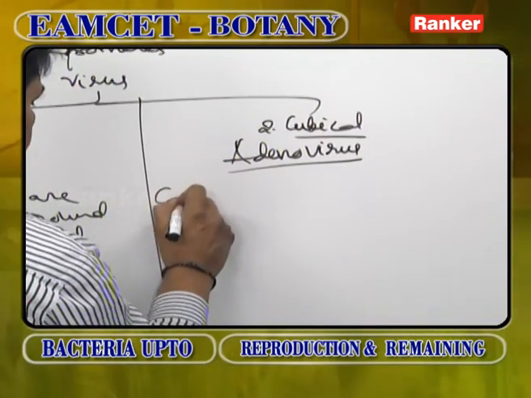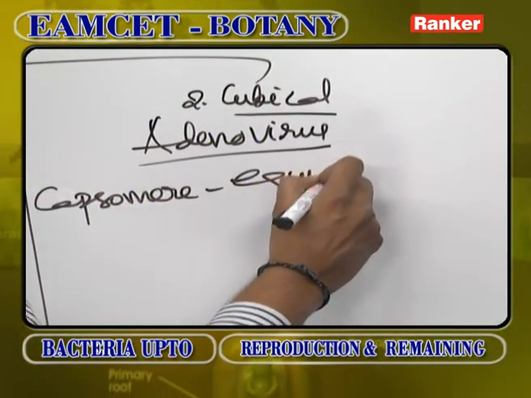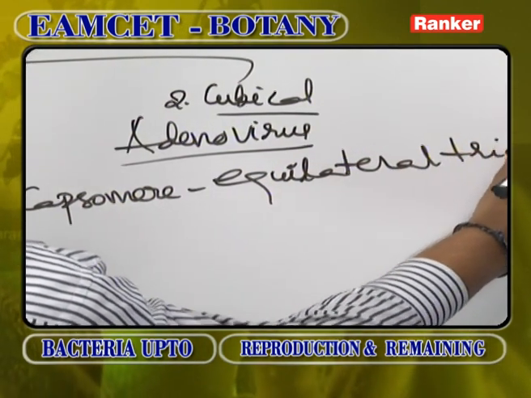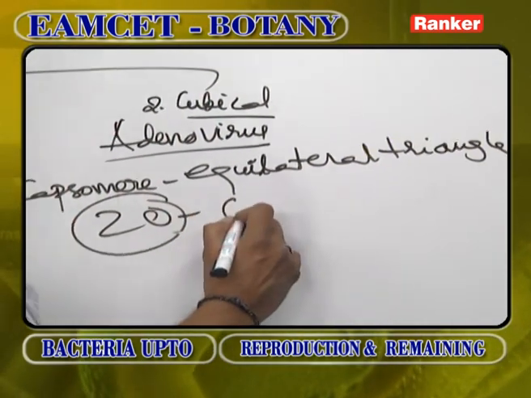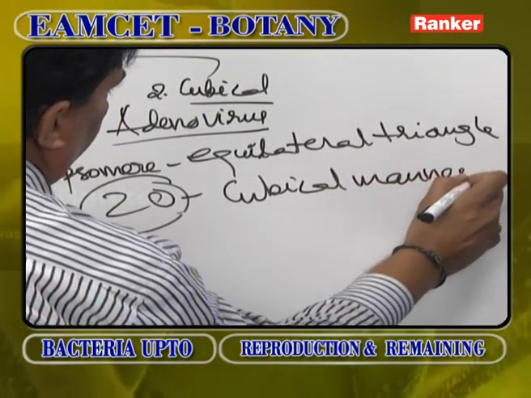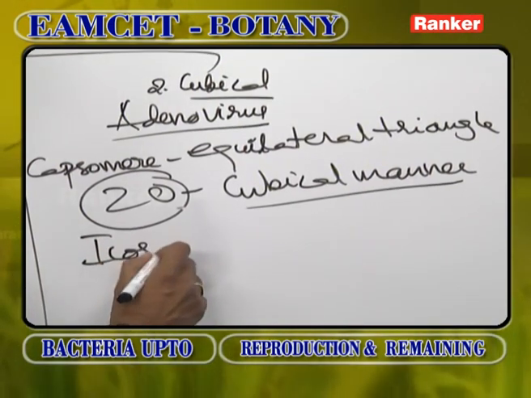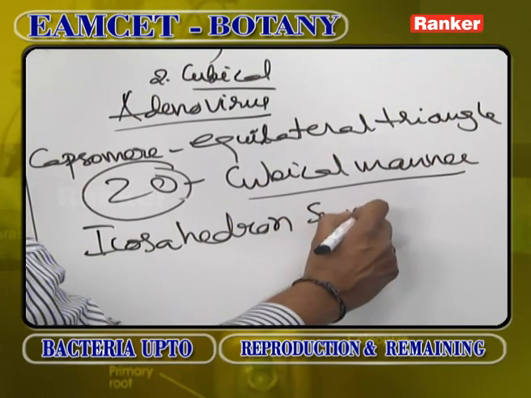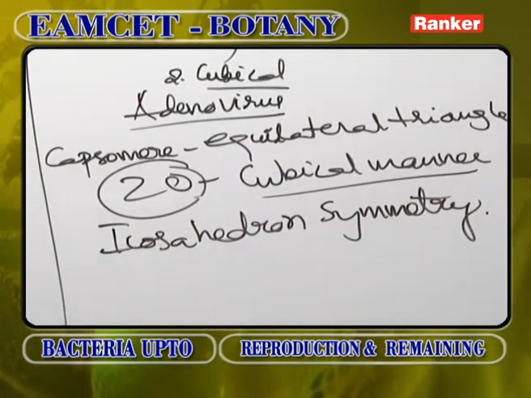Here each capsomere resembles an equilateral triangle, and 20 such equilateral triangles are arranged in a cubical manner. This is called icosahedron symmetry. It is very popularly called icosahedron symmetry.